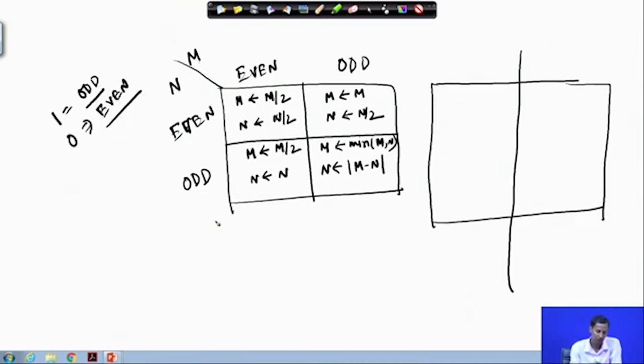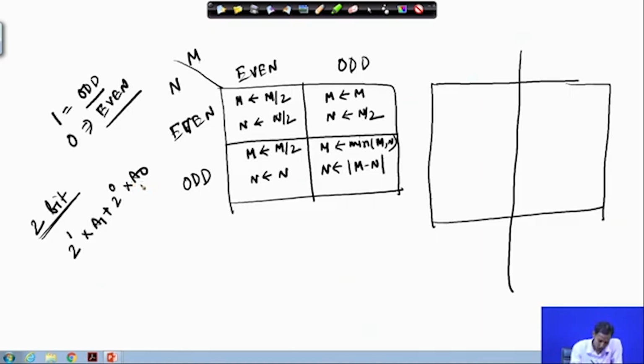Why? Suppose I consider 2 bits. How can I find the decimal number? That is the weighted representation: 2 to the power 1 into a1 plus 2 to the power 0 into a0.